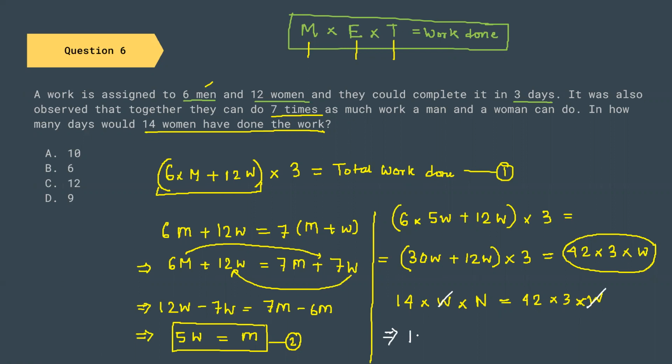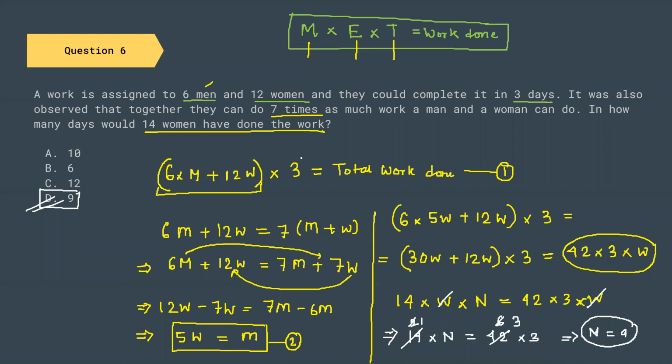In the next step, I write 14 into N equals 42 into 3. Simplifying, 7 times 6 is 42, so this gives 2 and 3, and N is equal to 9. So a total of 9 days will be taken by 14 women to complete this work, and this is our correct answer.